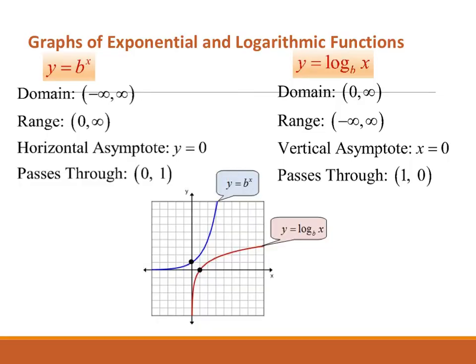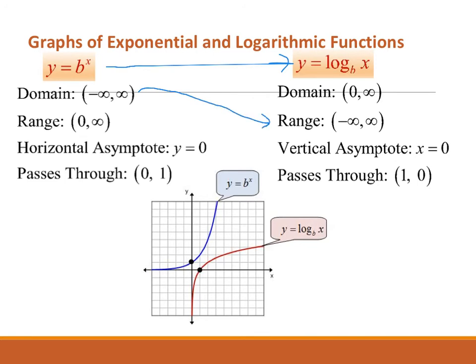So we're graphing exponentials and logarithmic functions. They're inverses of each other, and you can see that y equals b to the x has the same capabilities as y equals log base b of x. They're inverses, so you notice that the domain of one is the range of the other.